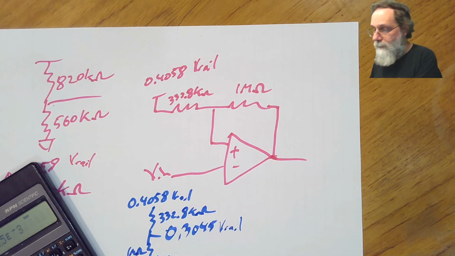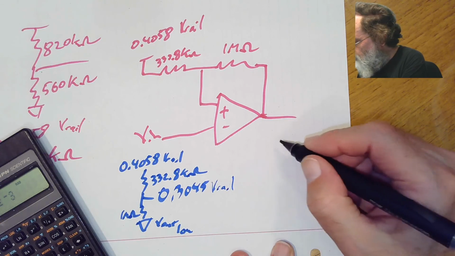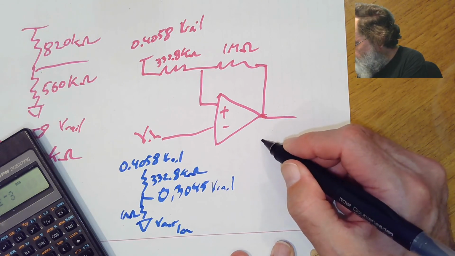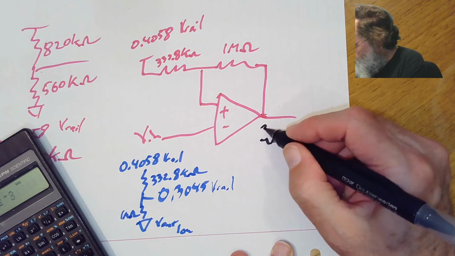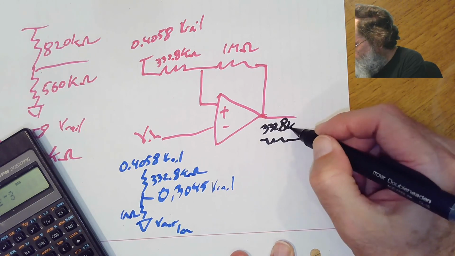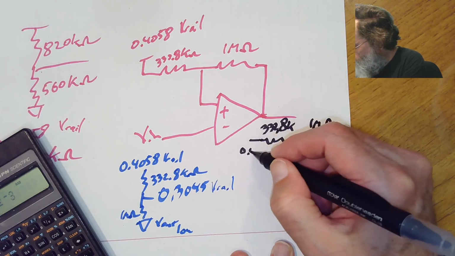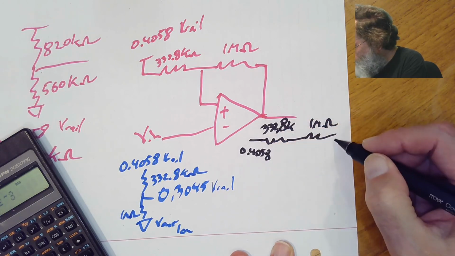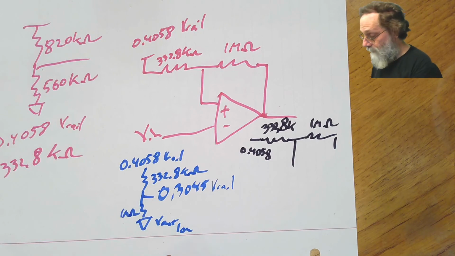We can do a similar thing for the high voltage. I'll draw it horizontally this time. So we have the 332.8 kilo ohms and 1 mega ohm. Now we're going to have this at 0.4058 VRAIL and 1 times VRAIL, and we have to take basically the weighted average of those.